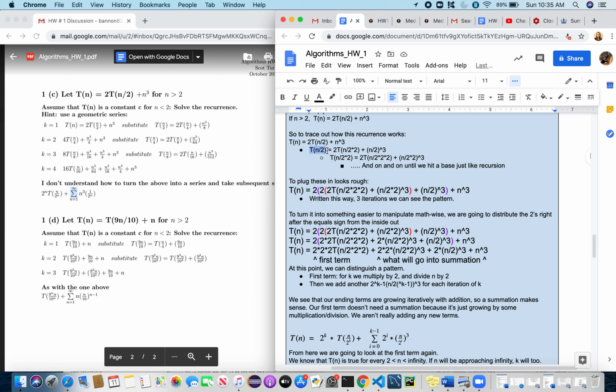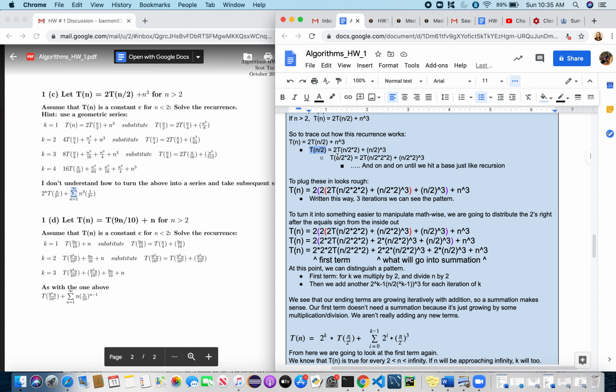And you say, well, what does t of n over 2 equal? Well, it equals 2 of t of n over 2 times 2, which you wrote n over 4. These are the same thing, plus n over 2 cubed.